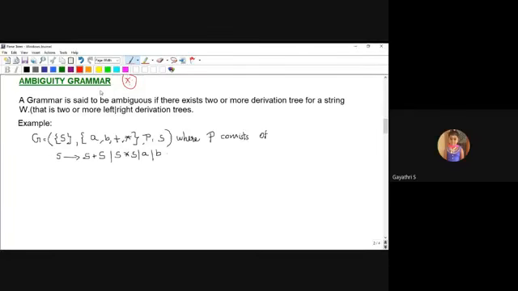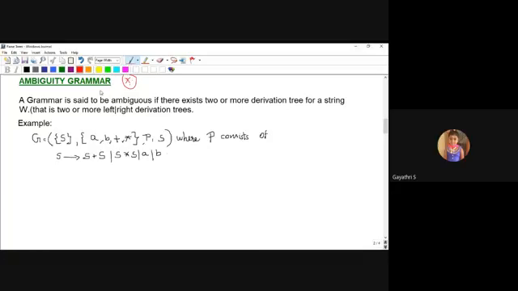See here, this is a context-free grammar, given in the form of tuples. A, B, plus and multiplication are the set of terminals in your grammar, P the production rules, S the starting symbol. So this is the form of tuples, G equal to (V, T, P, S), or (N, T, P, S).